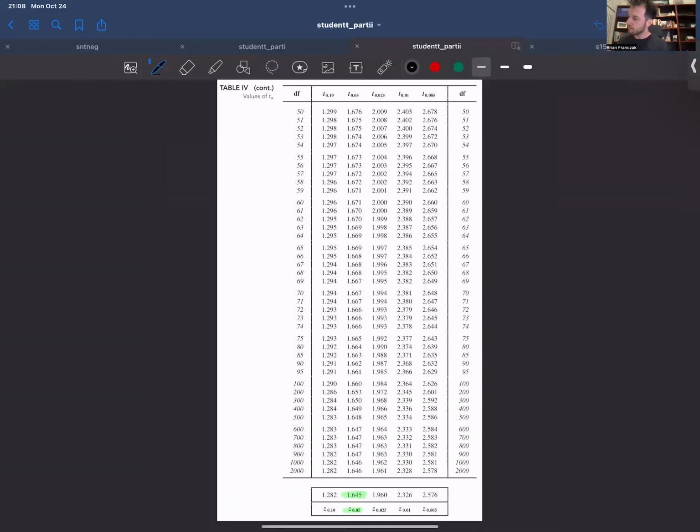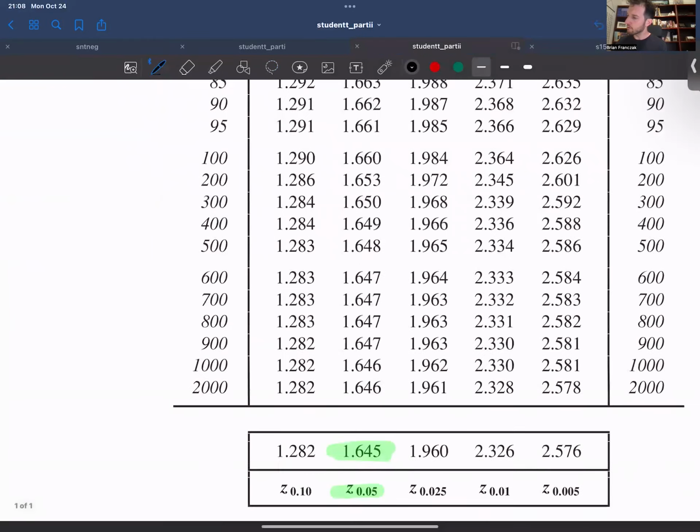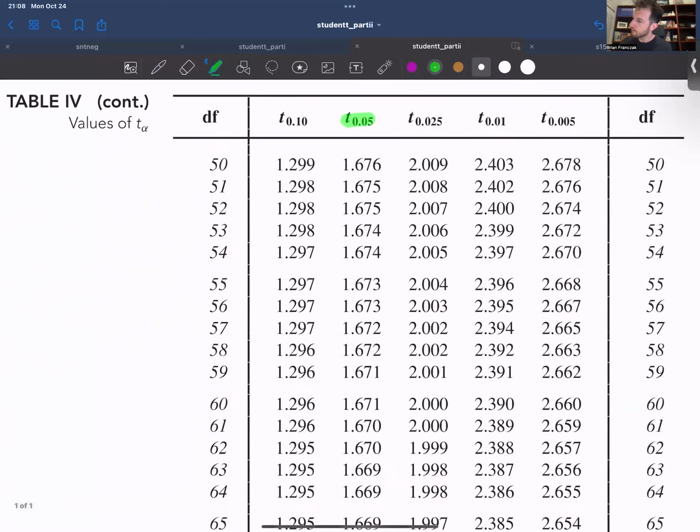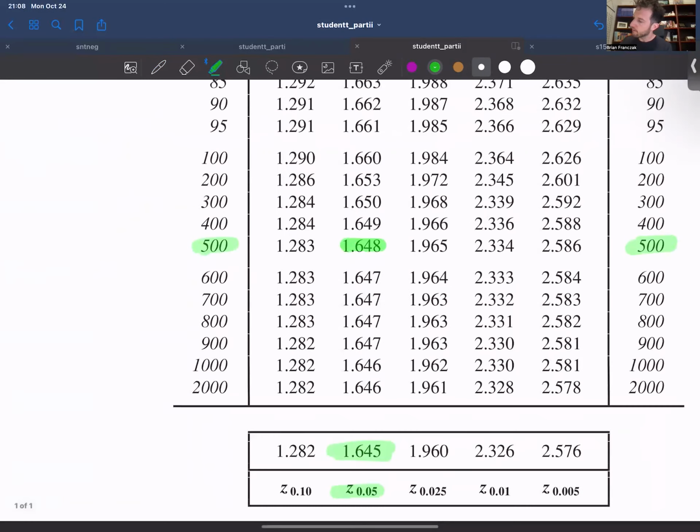We go to our t-table and scroll down, and we see that 582 is in between 500 and 600. When working with degrees of freedom, we always round down. Even though our degrees of freedom is 582, we still round down, and this is true anytime you're looking for a degree of freedom on the t-table. So we round down to 500. We have 0.05 as the subscript value, and that gives us 1.648.